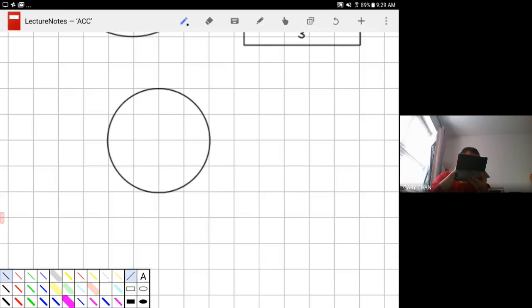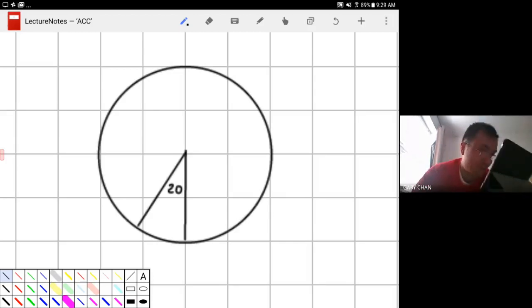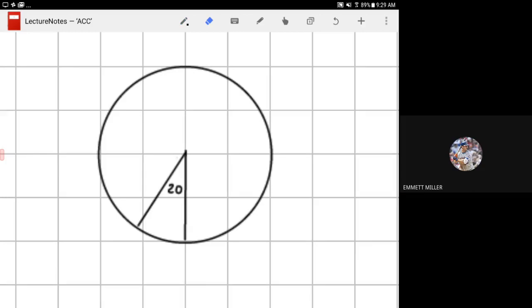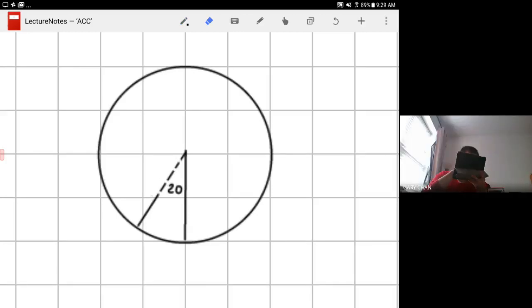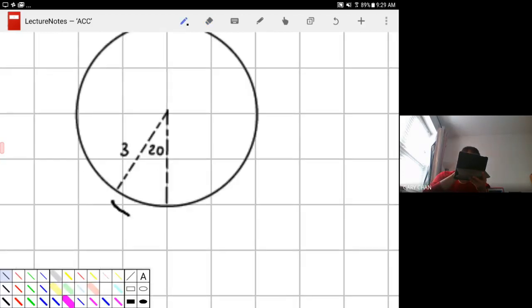In this case, they gave us something like this, and it said that this was 20 degrees inside, and that the radius was how much again, Emmett? The radius is 3. Okay, so the radius is 3, and we needed to figure out what this arc length is.